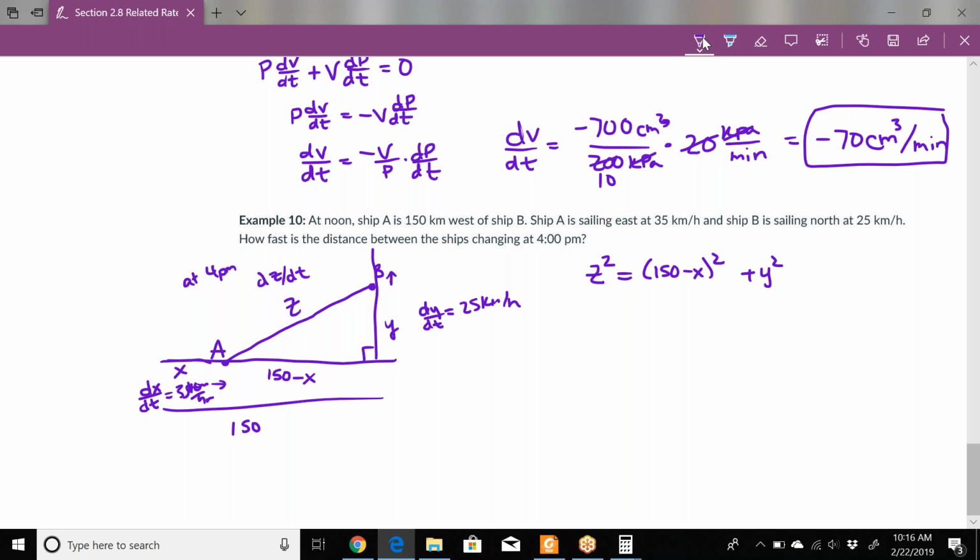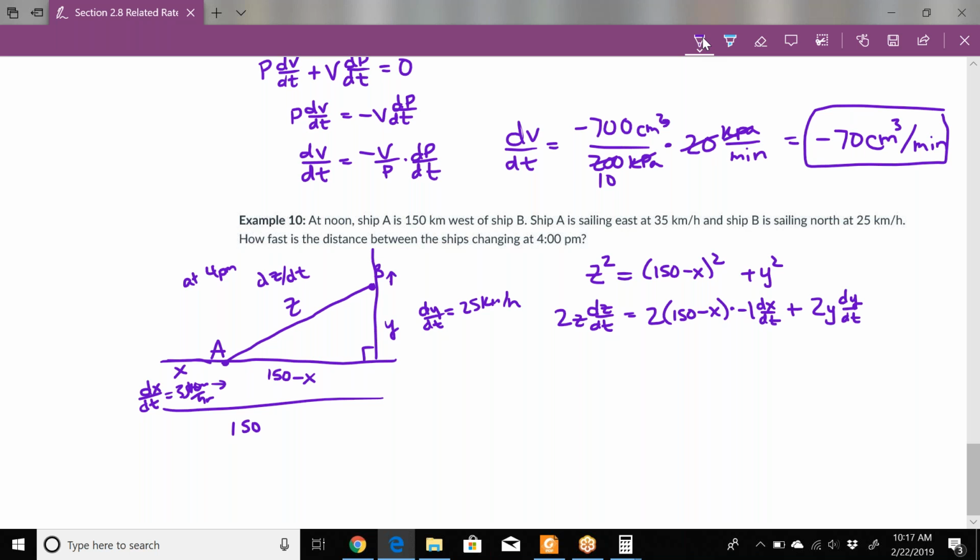So then when we take this derivative with respect to time, we get 2z dz/dt. We get that this is 2, because I'm going to use my general power rule and then a chain, 150 minus x to the first times a negative 1, and then it's also got to have that dx/dt because it's not actually t, plus, and this would be 2y dy/dt.